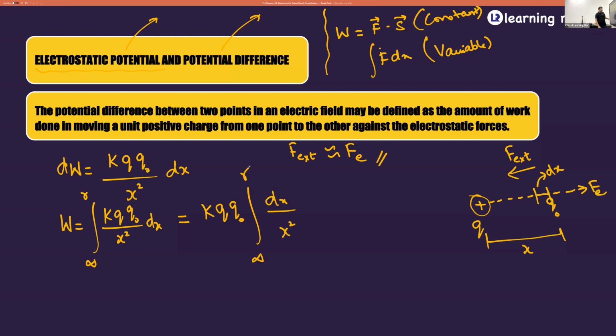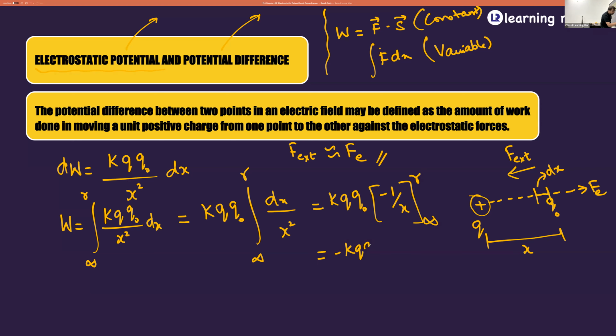Now, this KQ Q naught into the integral of 1 by x square is going to give you minus 1 by x, and it is going to vary from infinity to r. Now substitute the limits. You can take the minus outside.